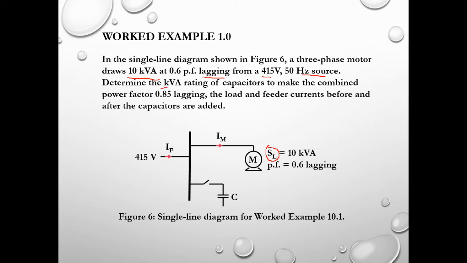Determine the kVA rating of capacitors to make the combined power factor 0.85 lagging, and the load and feeder currents before and after the capacitor is added. So we are asked to calculate the value of S, the kVA, of the capacitor to make the combined power factor 0.85 lagging. This is how we can understand the requirement of the question.